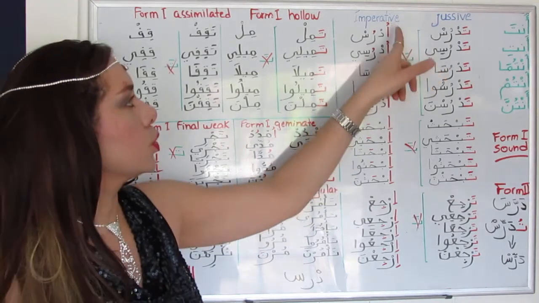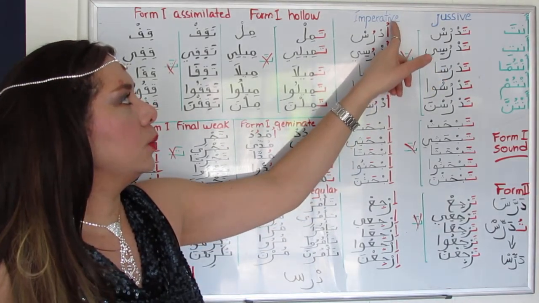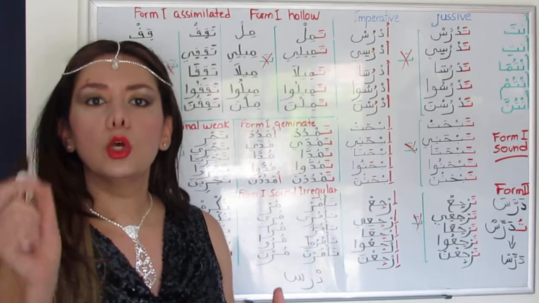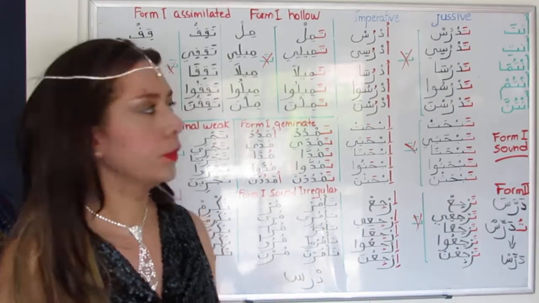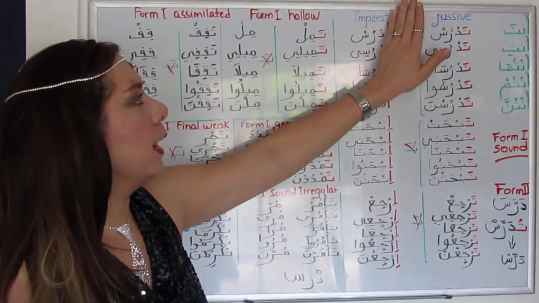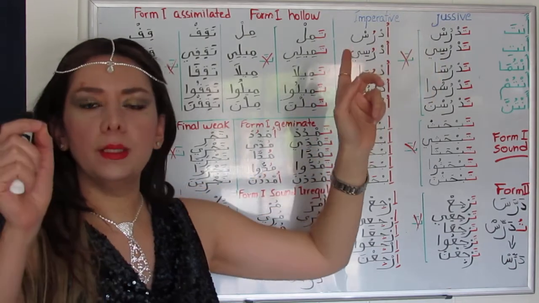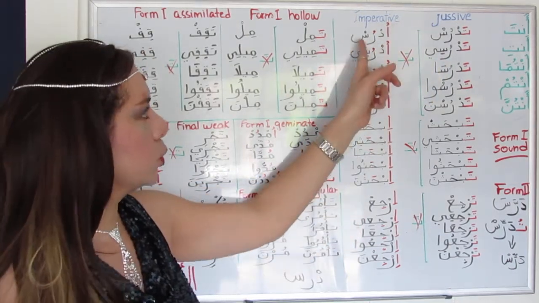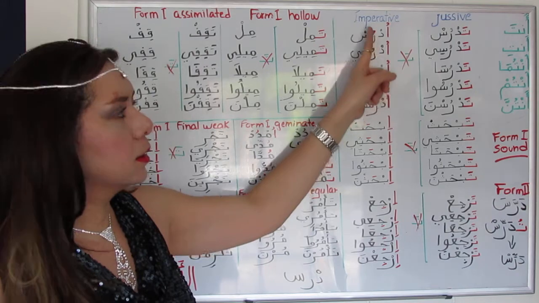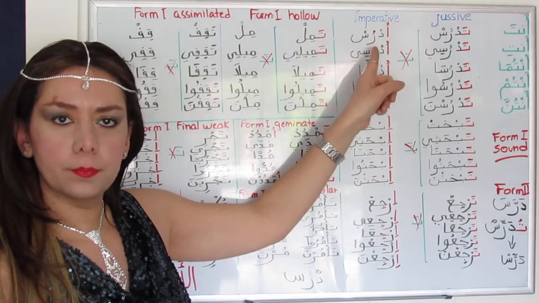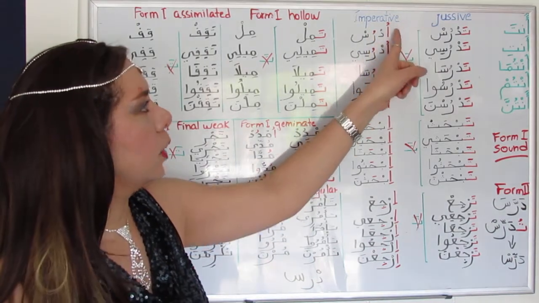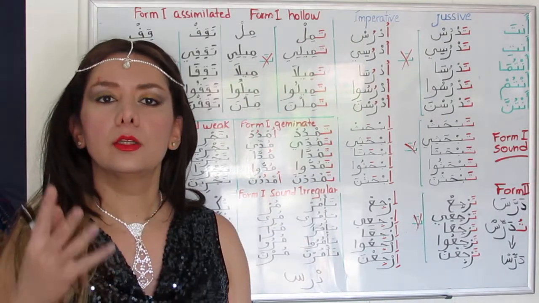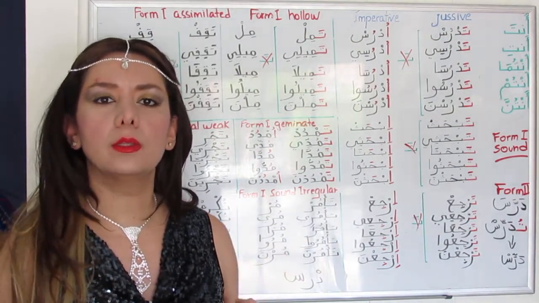Udrus. So why did we use the short vowel u on the alif? You have to check the middle vowel of the stem, drus, which is damma, and then the alif will carry the hamza together with the damma.